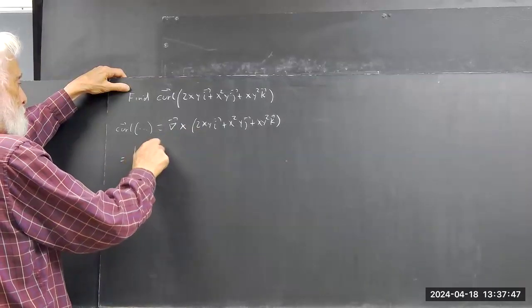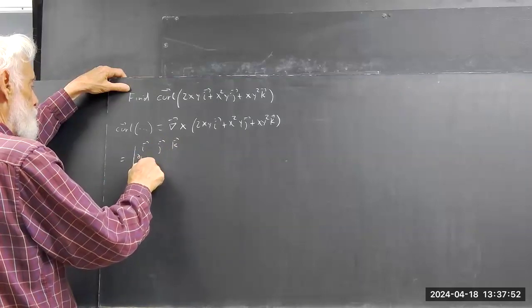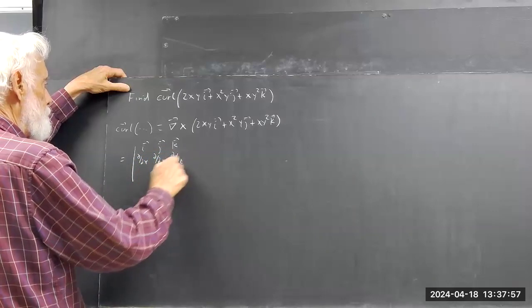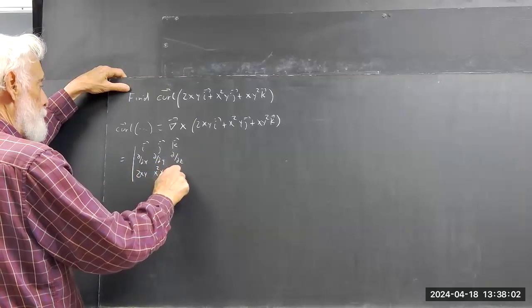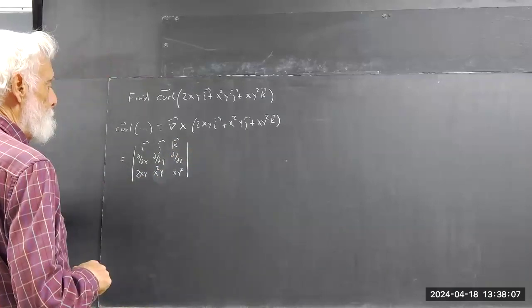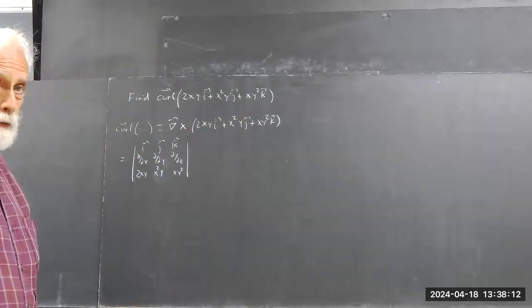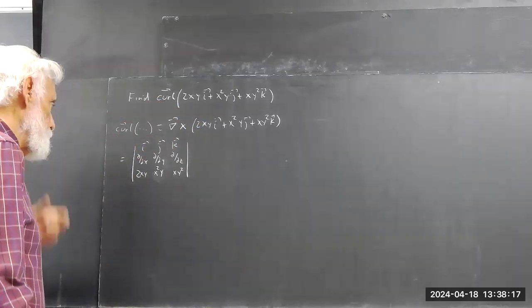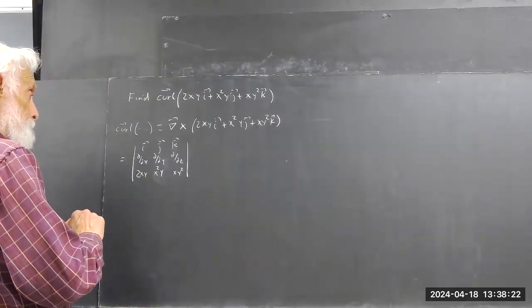That means i j k, partial with respect to x, partial with respect to y, partial with respect to z, 2xy, x squared y, xy squared. Now, I don't have any z dependence in this, so it's going to be fairly easy to do this. And I could have actually done this using the distributive law. I think you probably ought to think about how that would be done. Still, here it is. Okay.